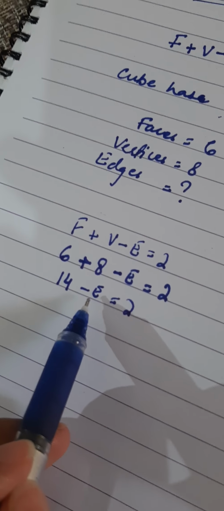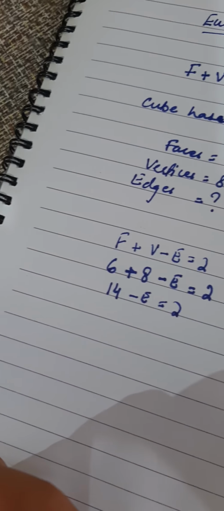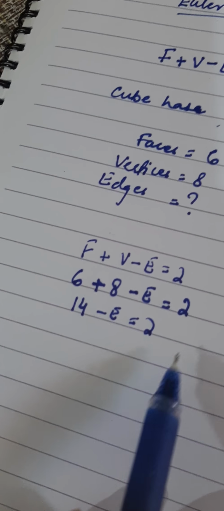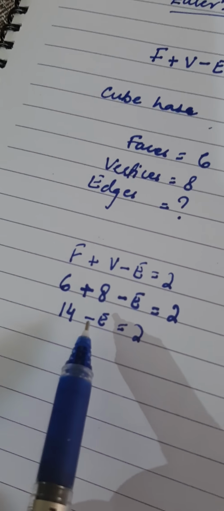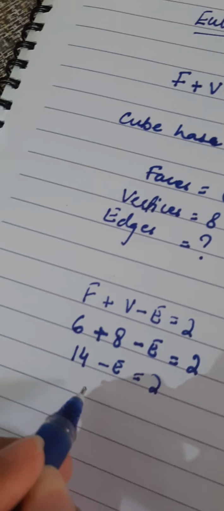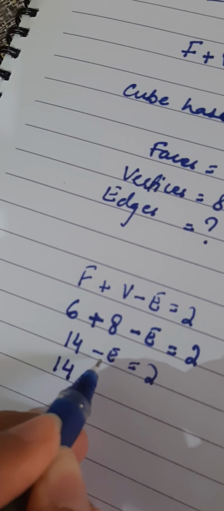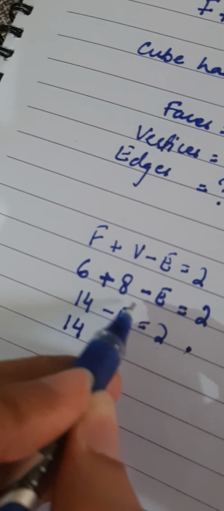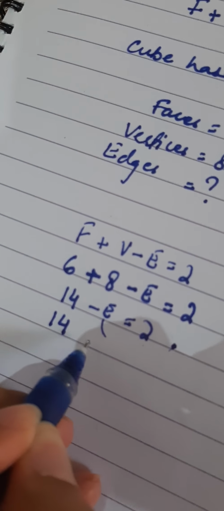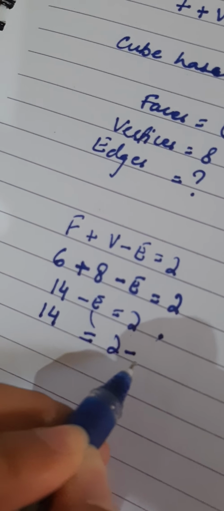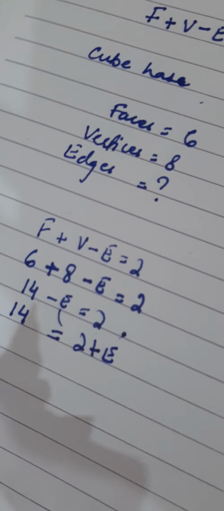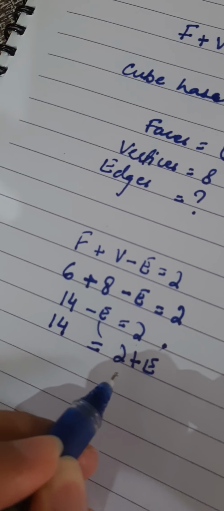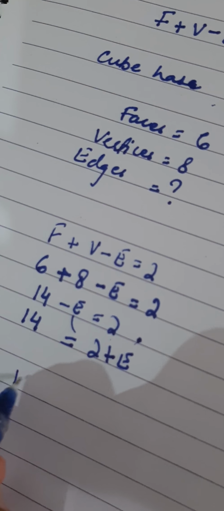Now we have E over here, but still we have to find E. So what can we do is, we have 14 and this 2 that we are going to work out to find E. I think the easier way to do this would be that we take this E over here and bring this 2 over here. Since it's minus E, it goes over here, it becomes plus E, and then in the next step we take 2 to this side of the equal sign.